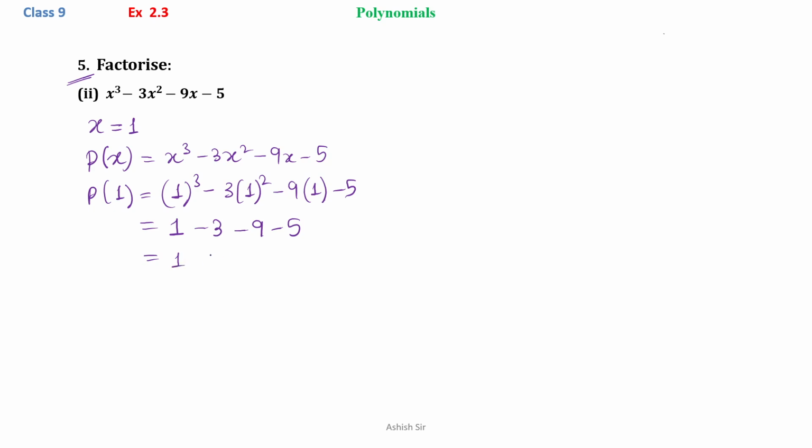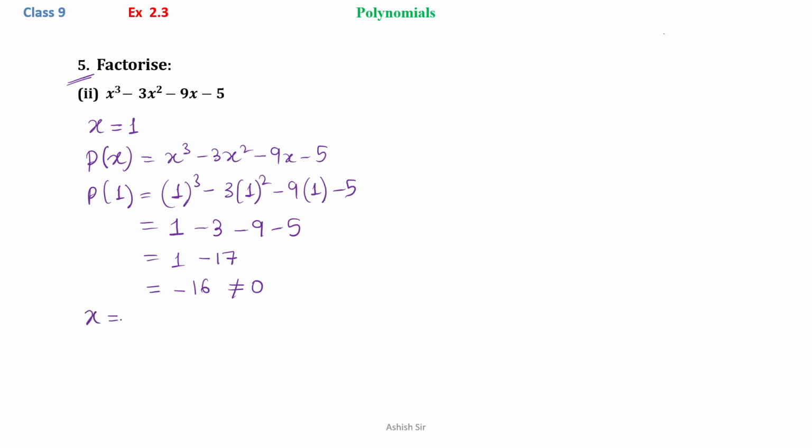Now we see that 3 and 9 is 12, 12 and 5 is 17, that is minus 17, plus 1 is equal to minus 16, which is not equal to 0. So x equal to 1 is not a zero of the polynomial.